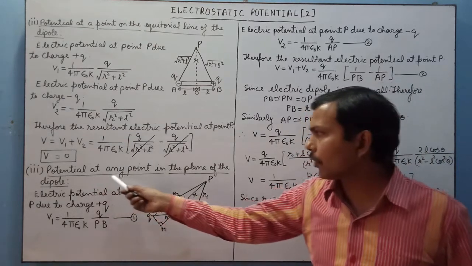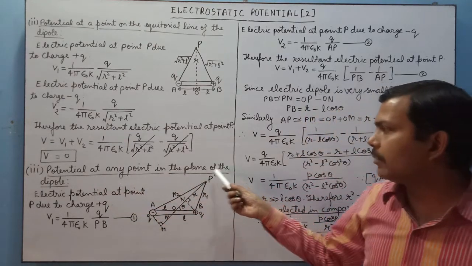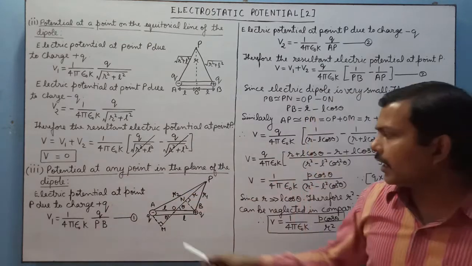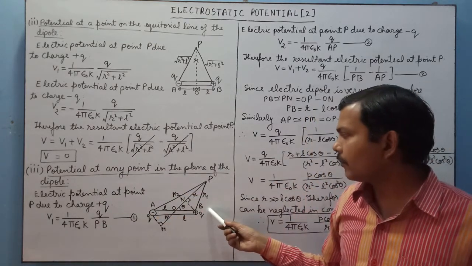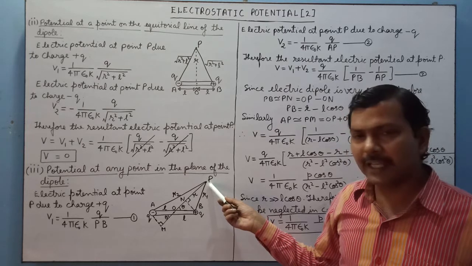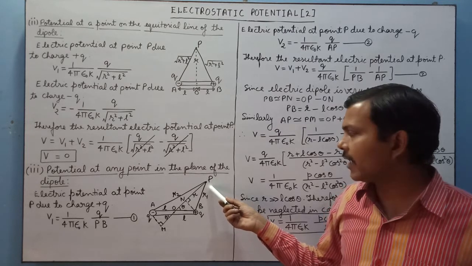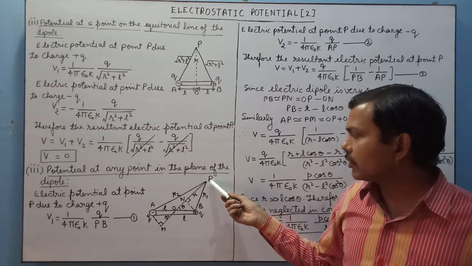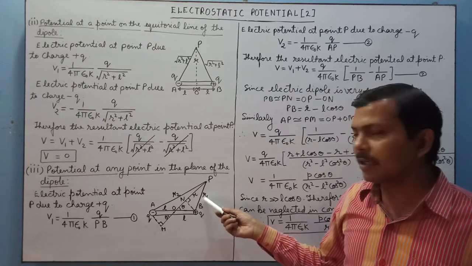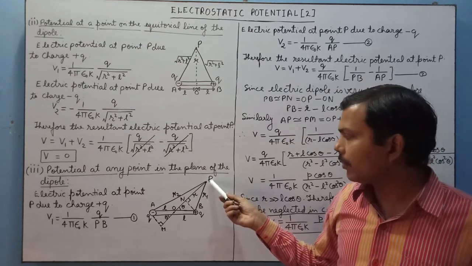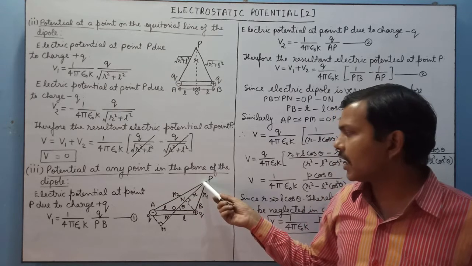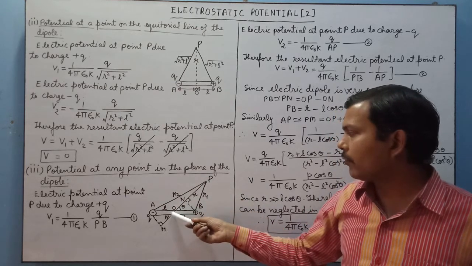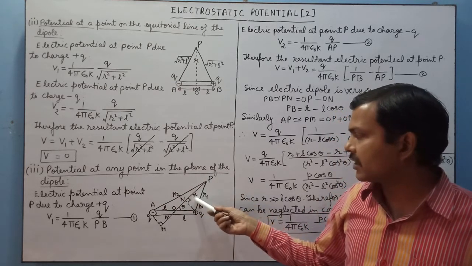Here we will consider potential at any point in the plane of the dipole. Here is a dipole AB, and P is a point in a general position relative to the dipole. The distance of this point from charge plus q is r1, and the distance of point P from charge minus q is r2. The distance of point P from the center of the dipole is small r.